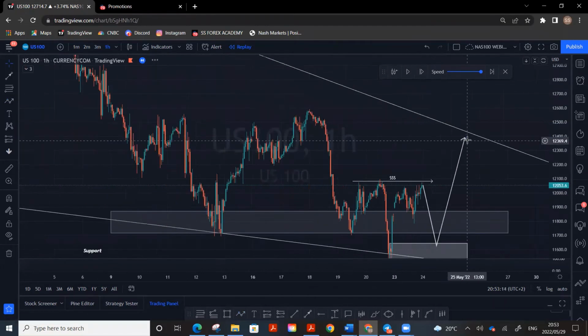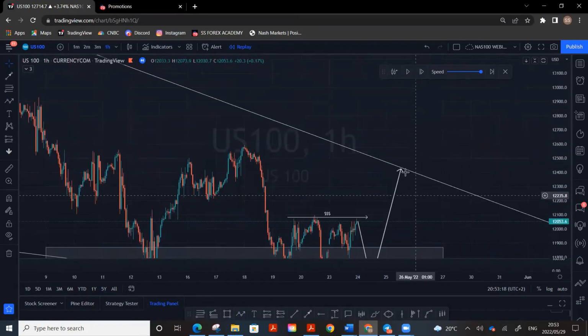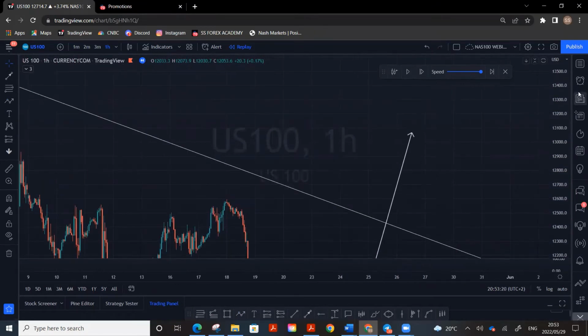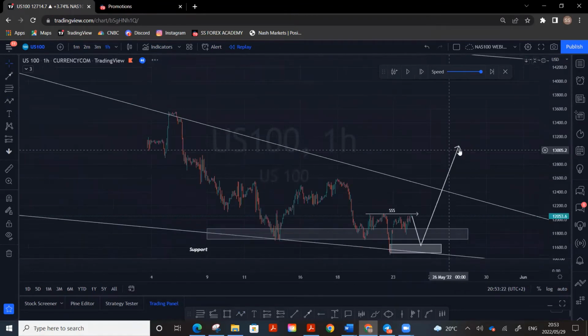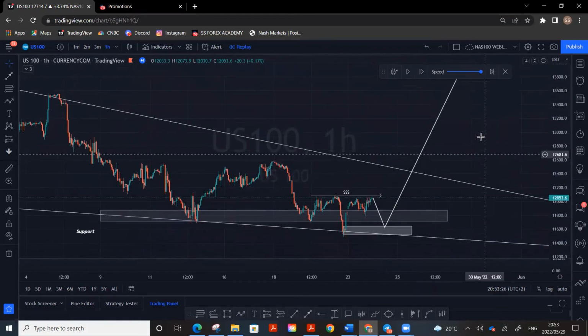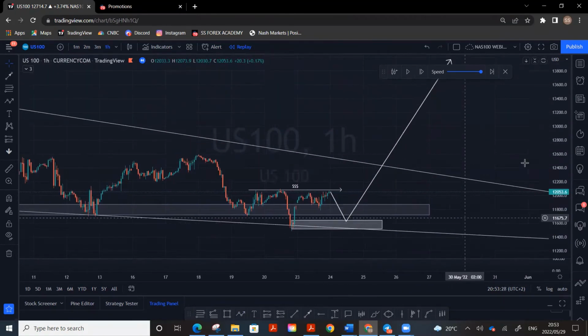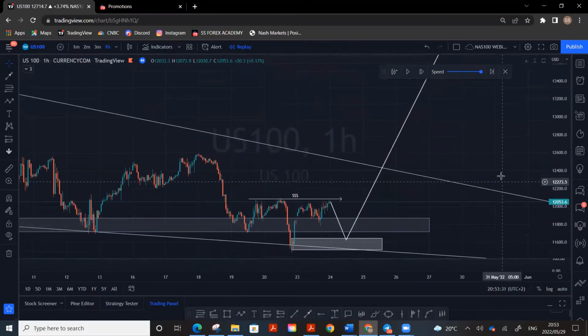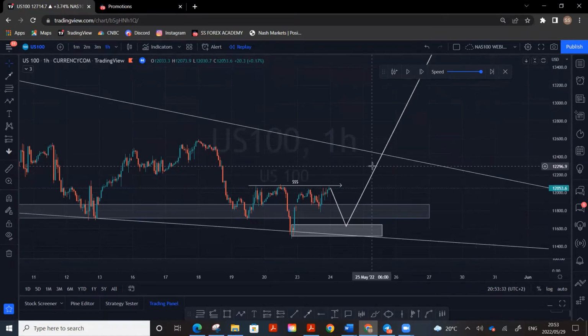I anticipated my first take profit area was 12,000, and then we could rally all the way up to 12.4, and then possibly even to the top of that channel.